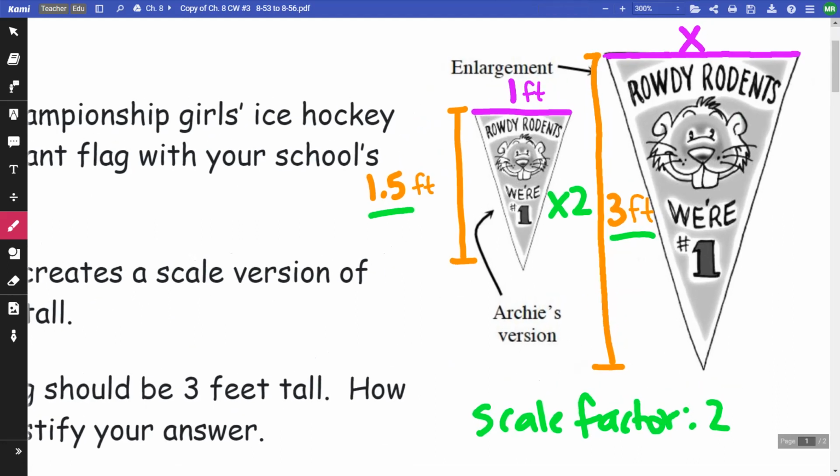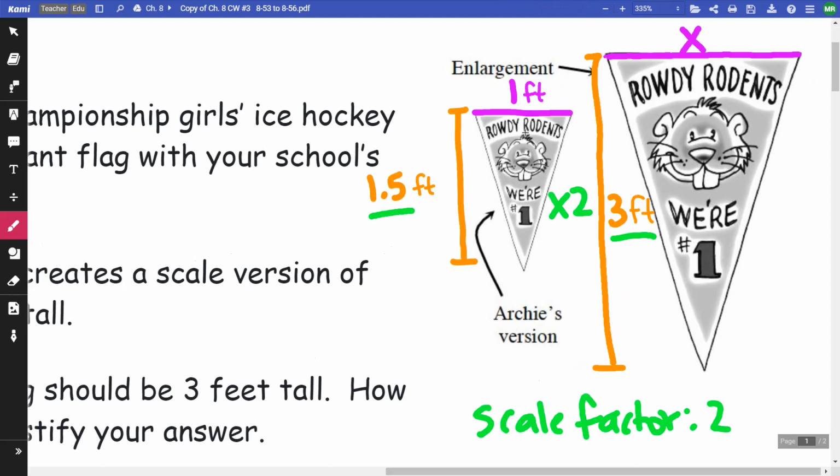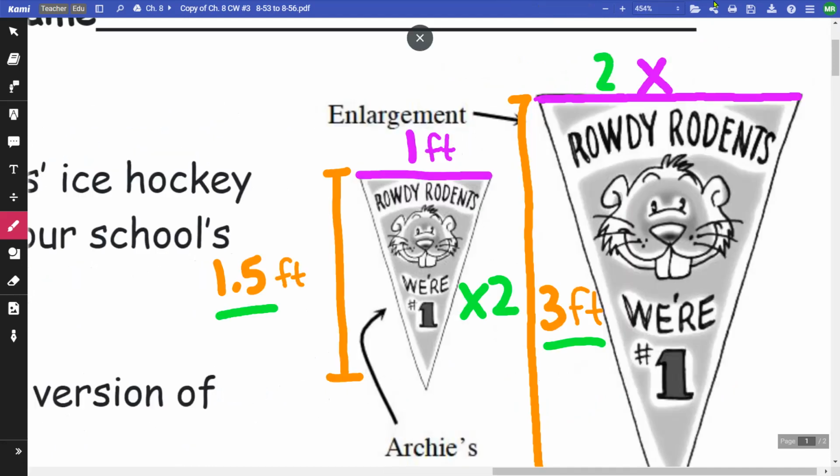Every time I do it to one side, I have to do it to the other side. So if I multiply this by 2 and I get 3, because I'm doubling it, I also need to multiply this by 2. So when I double this, I get 2. So this X is going to be 2, because I'm going to times my 1 foot by 2 and I get 2 feet.